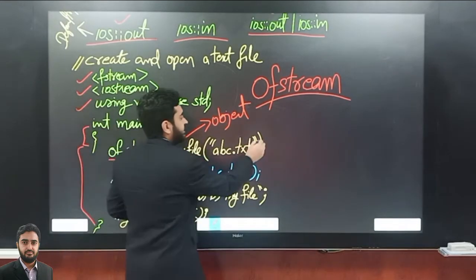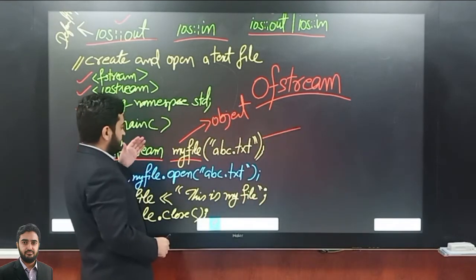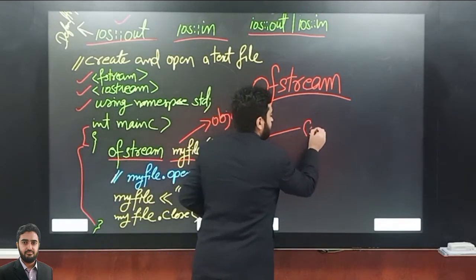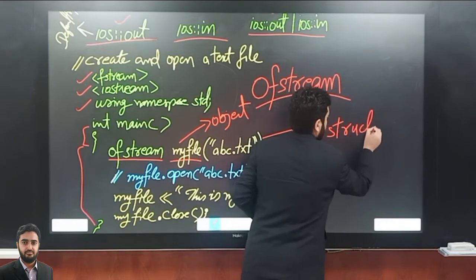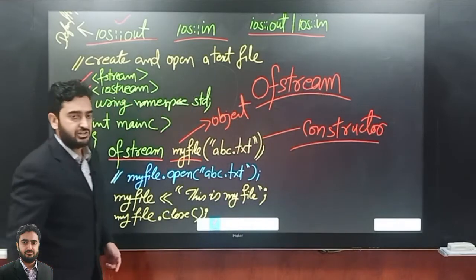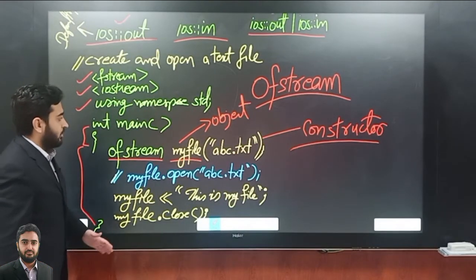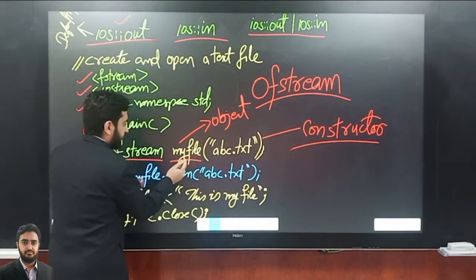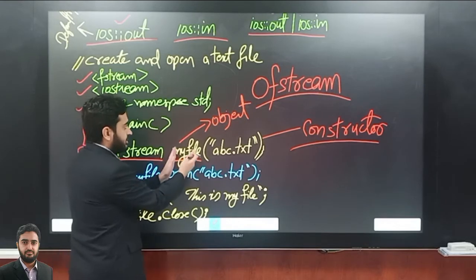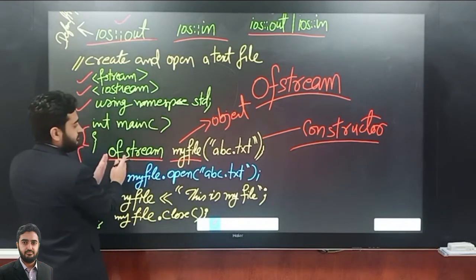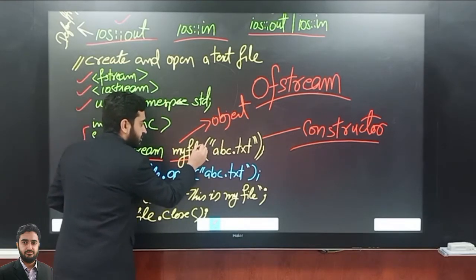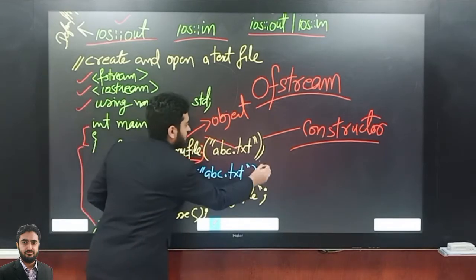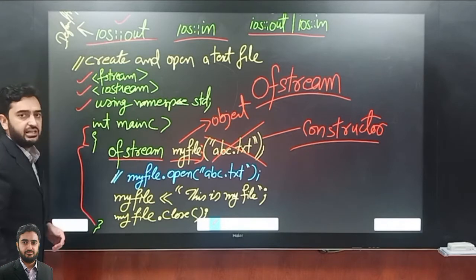We have used the syntax of a function to create this object. This syntax, used during declaration of an object variable, is known as a constructor. If you don't want to use the constructor and you just want to declare the object of a class, then you will use the terminator here and you will not need to call the constructor.